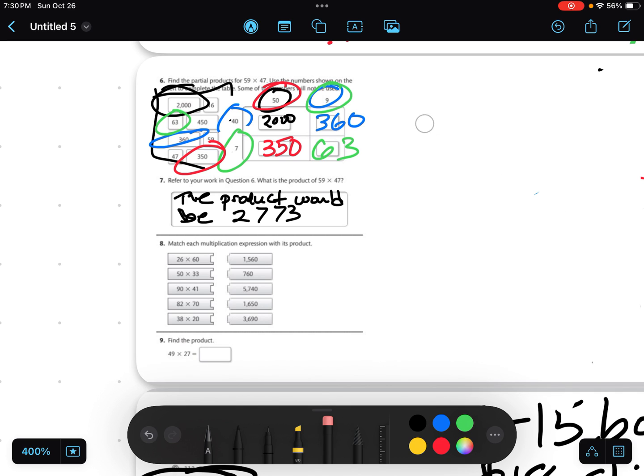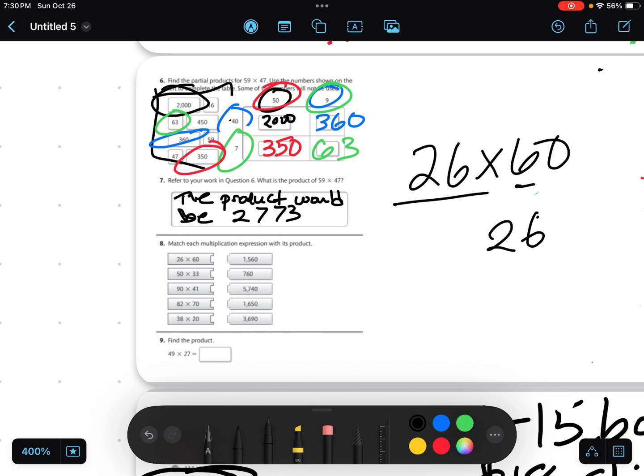We have 26 times 60, base numbers, 26 times 6. 2 times 6 equals 12, 13, 14, 15, and then I want to add my 0. So I'm looking for this one. So these add up right together. So those would connect almost like a puzzle piece is what it's going to have you do on the digital test, if you take the digital test.